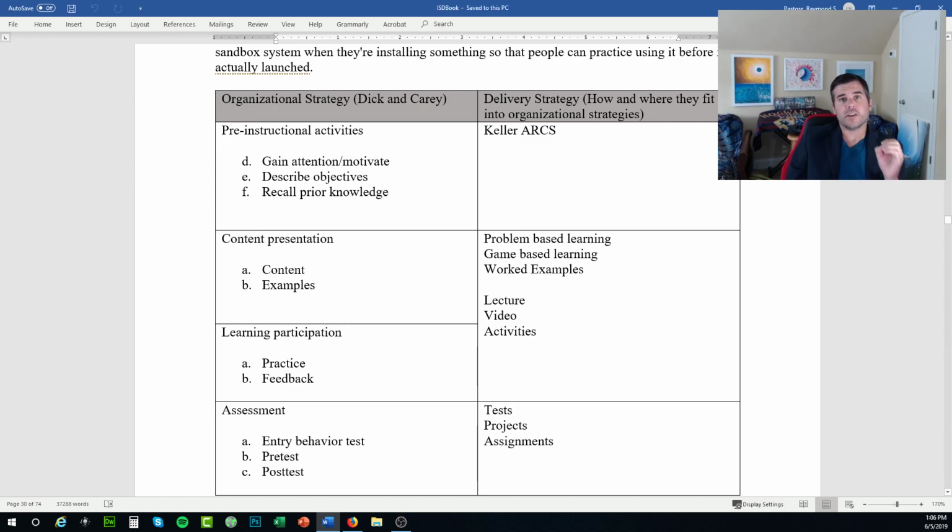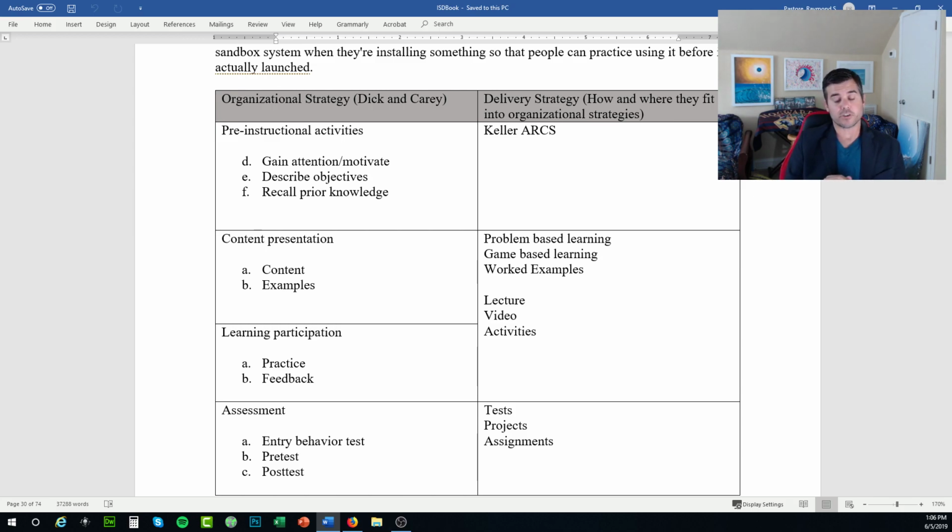So an organizational instructional strategy is a strategy that tells us this is how we're going to organize our content. This is how things are going to be organized. This is what our course or our lesson or whatever it is we're teaching is going to be organized. So think about if I was a teacher and I was developing a lesson plan. An organizational strategy is very similar to a lesson plan.